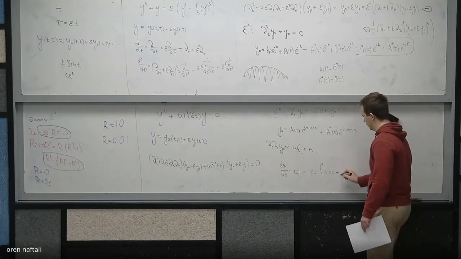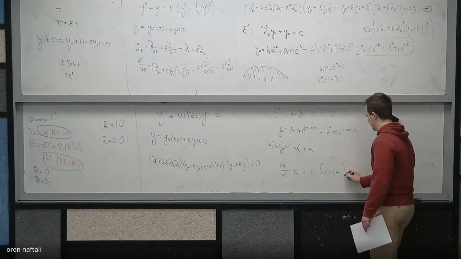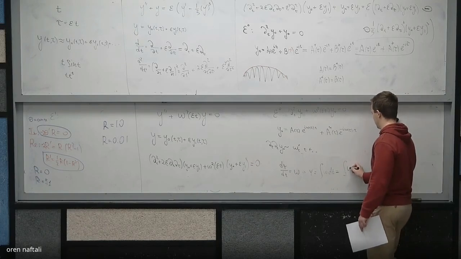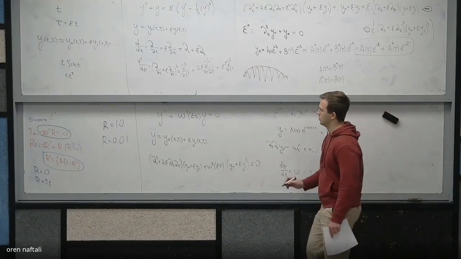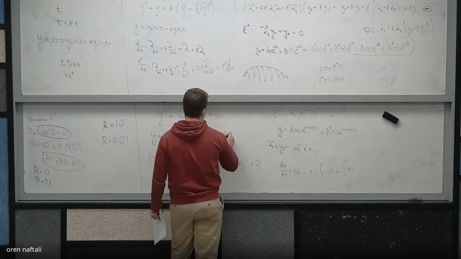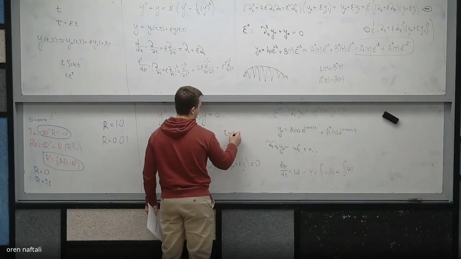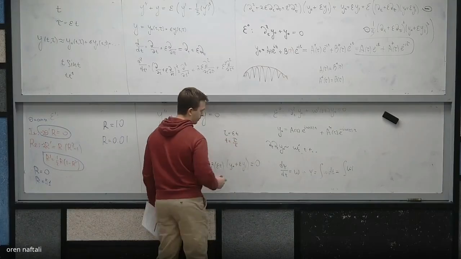So our psi is basically the integral over omega dt. Or we can rewrite it: because tau is epsilon t, so t is tau over epsilon.